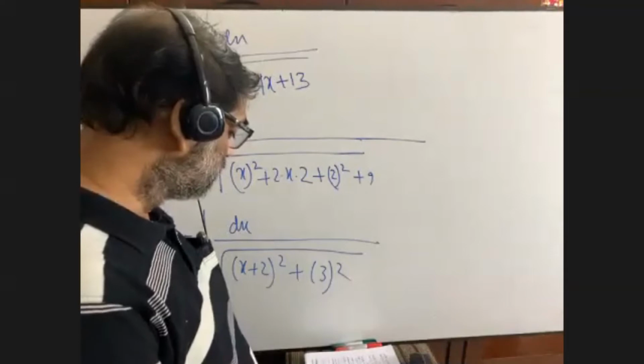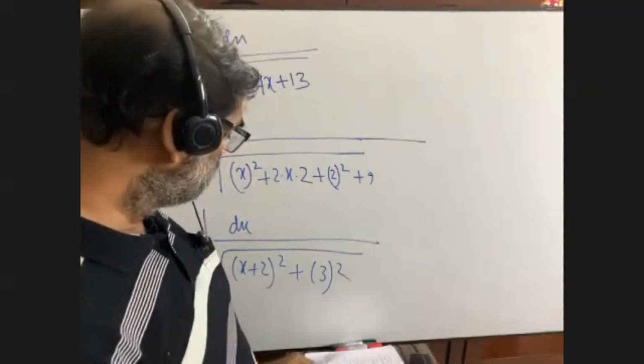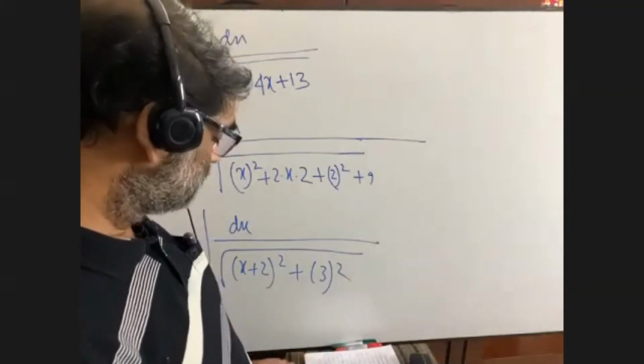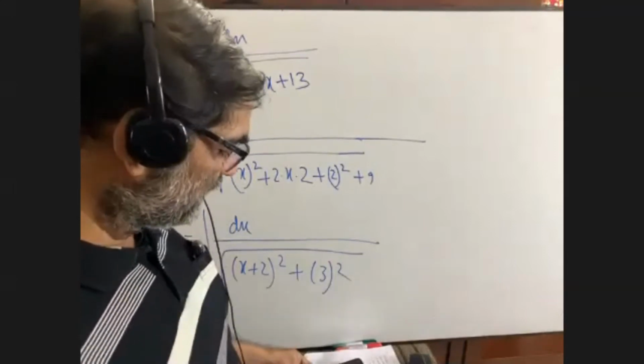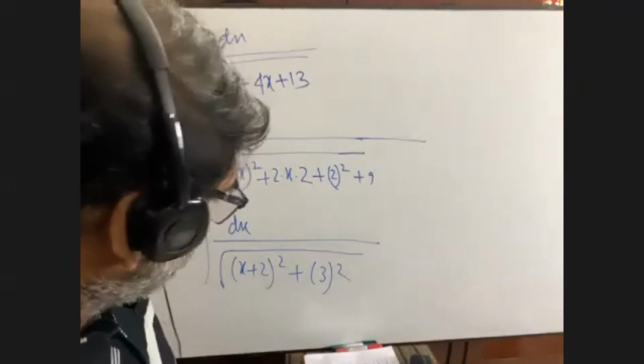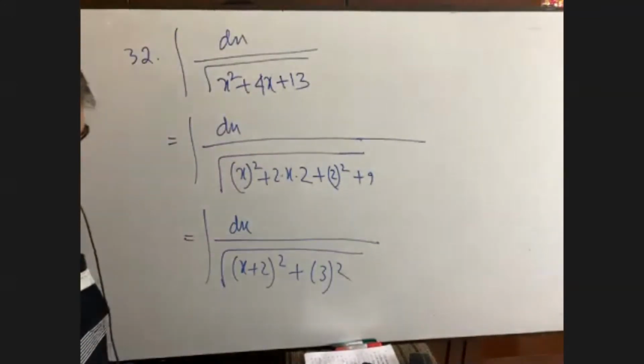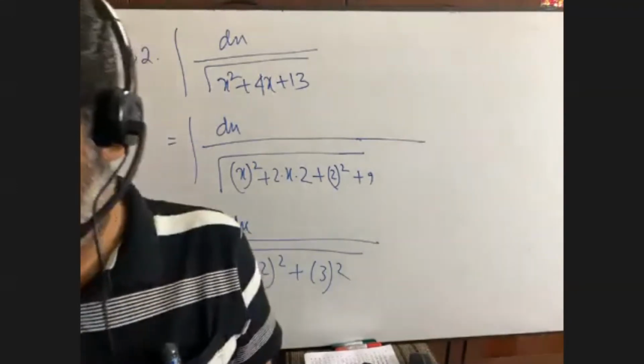No, it is not. Sine inverse is for a square minus x square, so it is not sine inverse. Then let me know. Who can tell me? Root over a square plus x square.